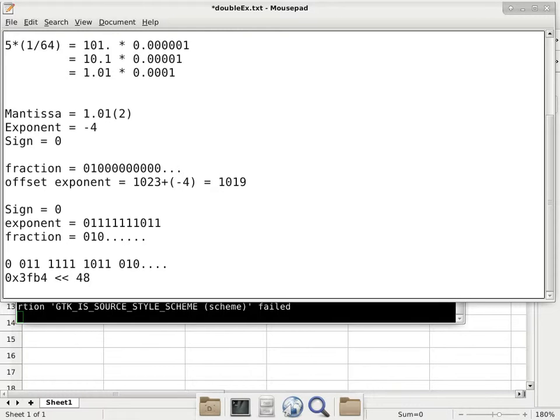So when we add -4 to 1023, which is the bias that we need to apply to the exponent component of a floating point number, the end result is 1019, which is a base 10 number. 1019 as a base 10 number, using the spreadsheet, I converted that to 0, 111, 11111, 0, and then 111, 1111, and then 011. I used a spreadsheet to do that conversion.